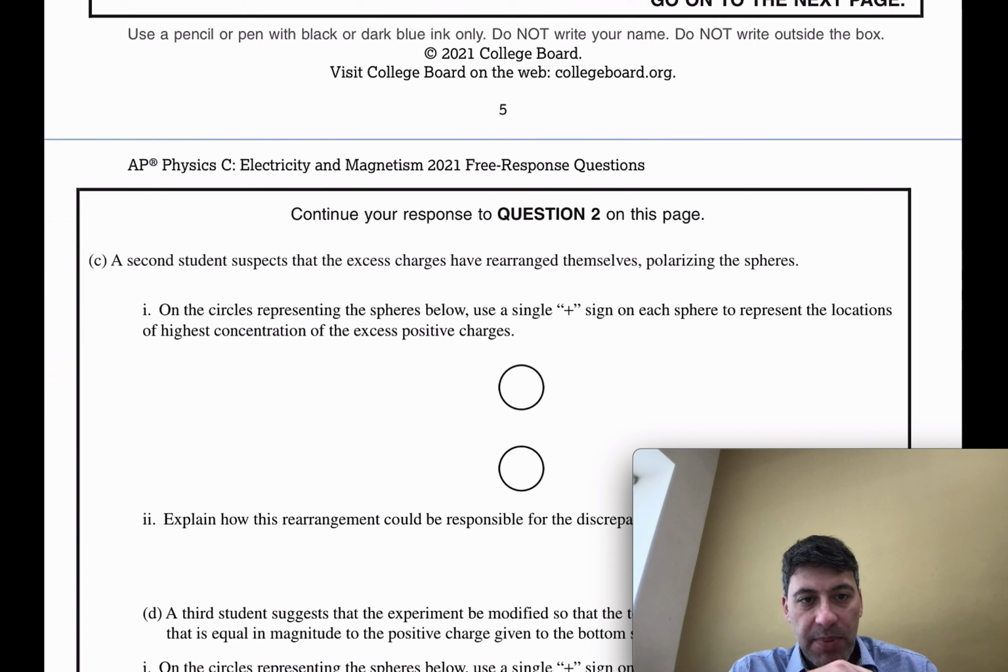A second student suspects that the excess charges have rearranged themselves, polarizing the sphere. So there is a possibility that there is a different distribution of charges on the spheres, and on the circles we need to use a plus sign on the sphere in order to represent the location of the highest concentration of positive charges.